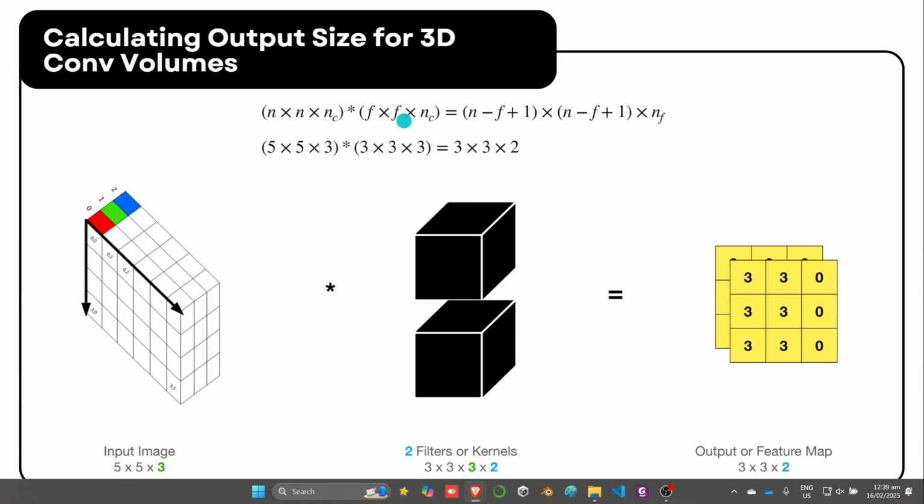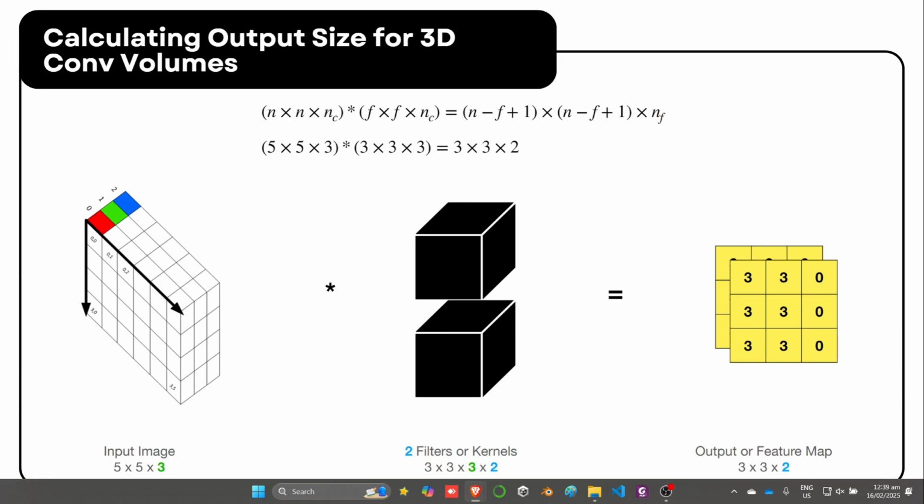So that's a filter. You have a 3 by 3, and we have a 3 depth again here. And this is what the output feature size is going to be. It's going to be n minus f plus 1, which is 3.